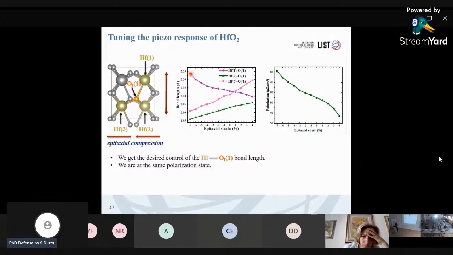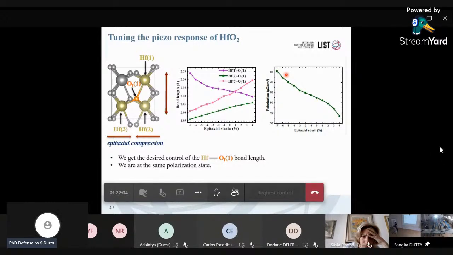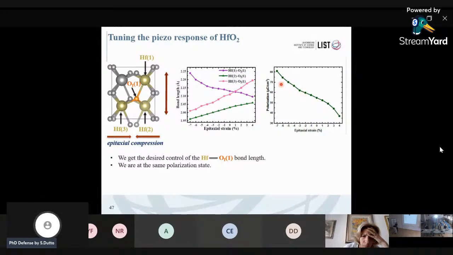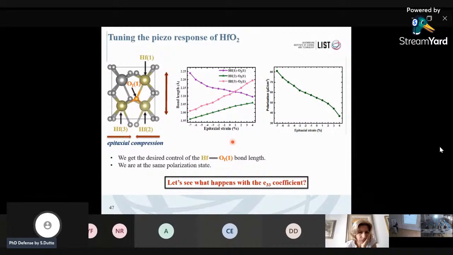And this is the out-of-plane bond. So we get control of this bond length. And now note that we are always at the same polarization state, which means that polarization is always pointing upwards.